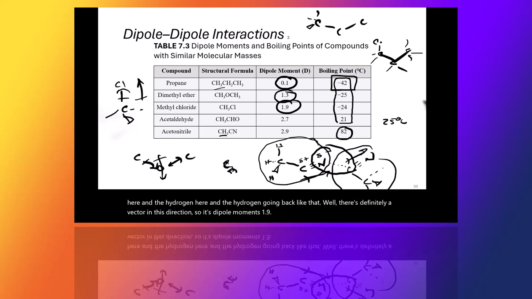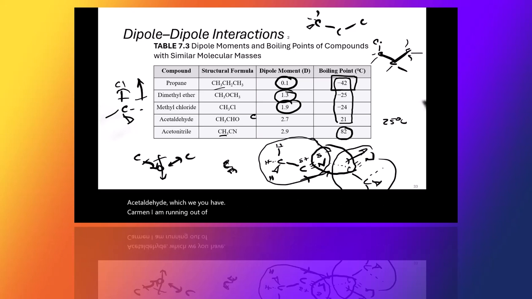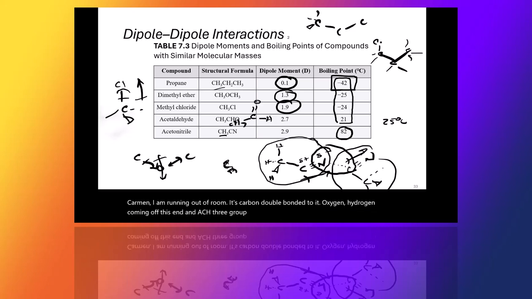Acetaldehyde, which you have carbon. I am running out of room. It's carbon double bonded to an oxygen, a hydrogen coming off this end, and a CH3 group coming off this end. So it's acetaldehyde.